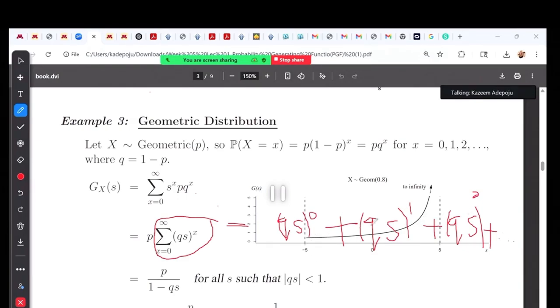This is the sum of a geometric series. And what is the sum to infinity in a geometric series?